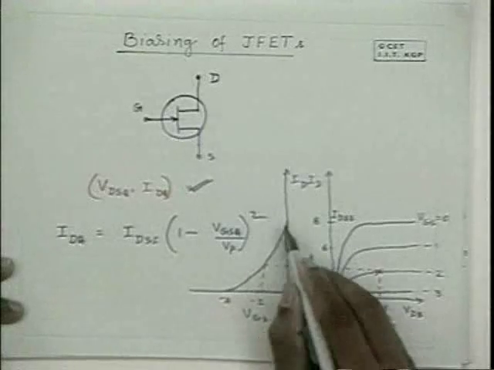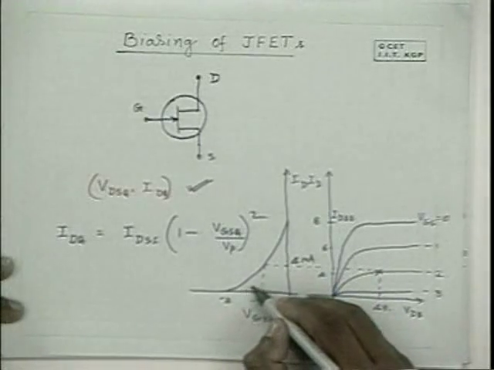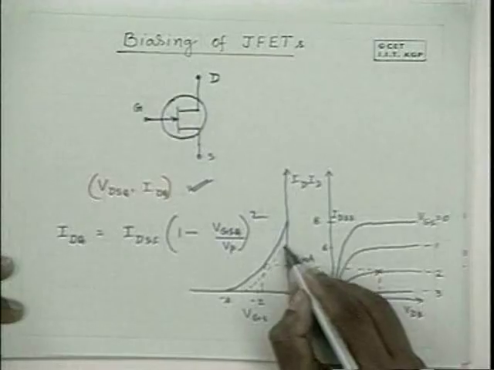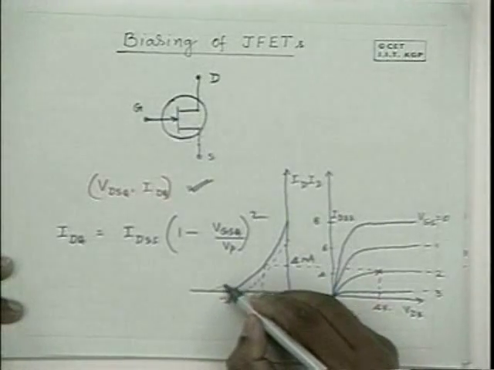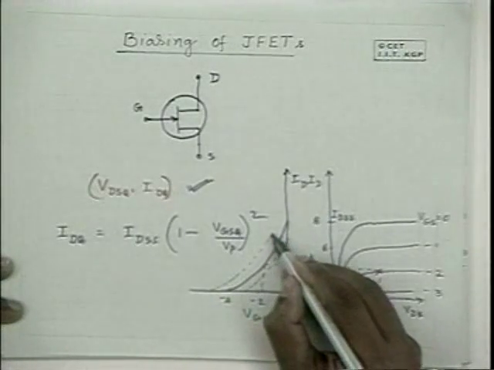So in this case also, the fixed bias circuit doesn't give you a stable operation. For instance, some manufacturer says that the transfer characteristics of the device is typically like this, but it varies between this characteristic and this characteristic.